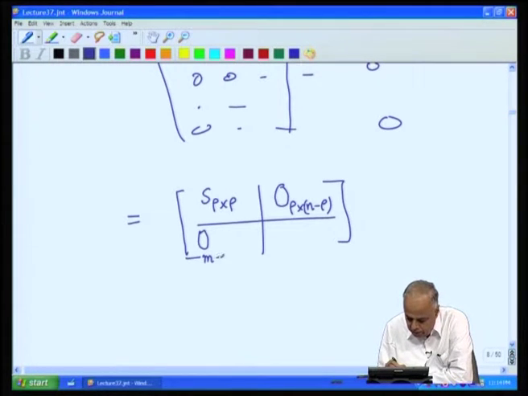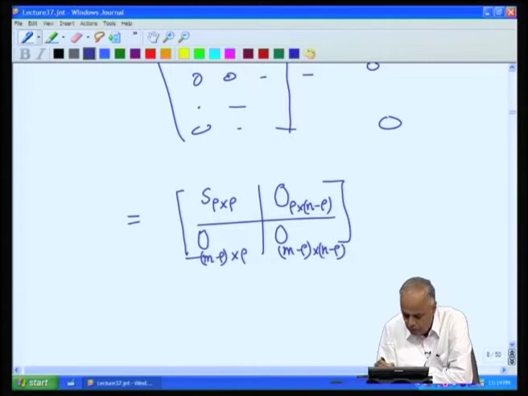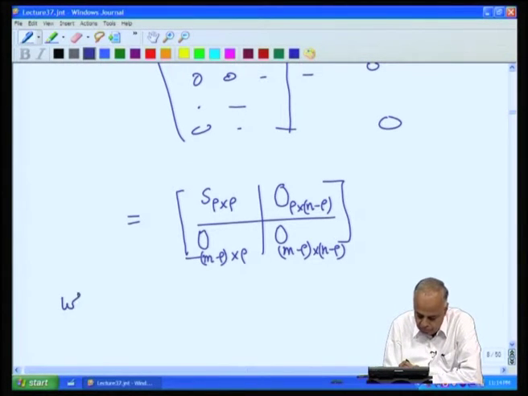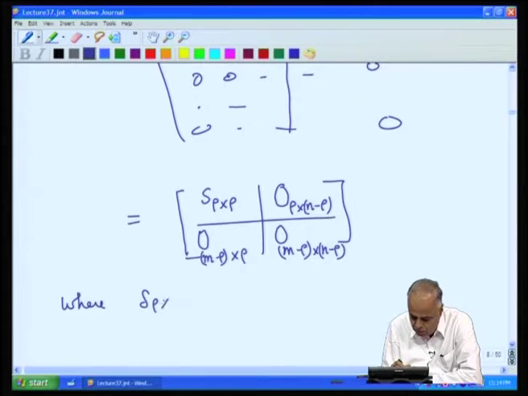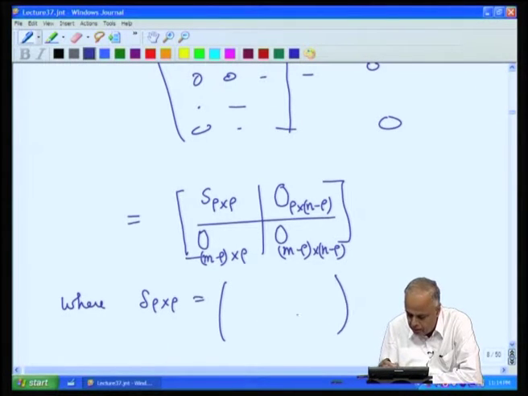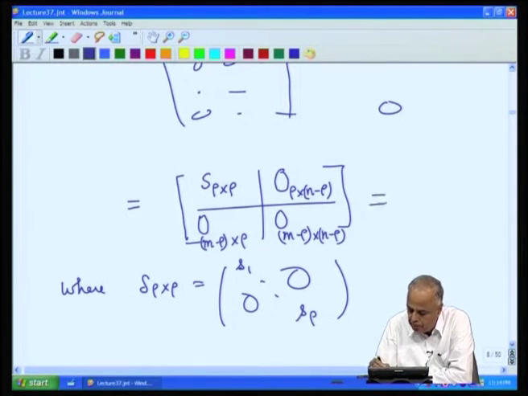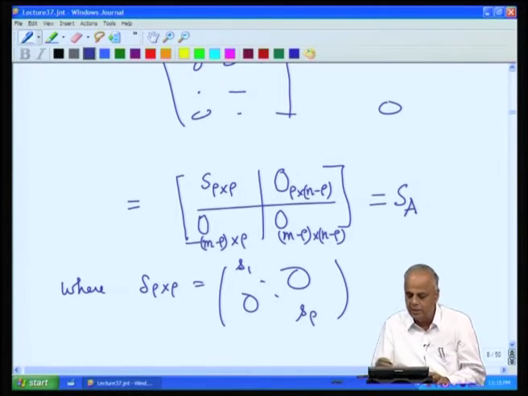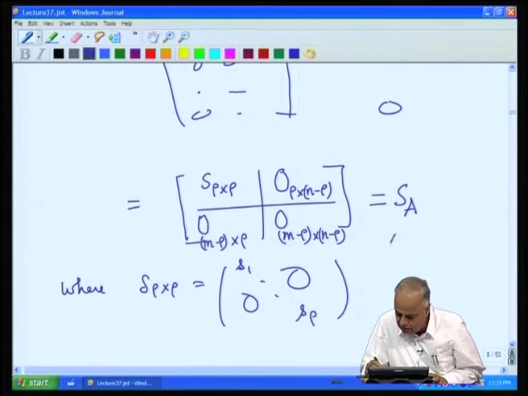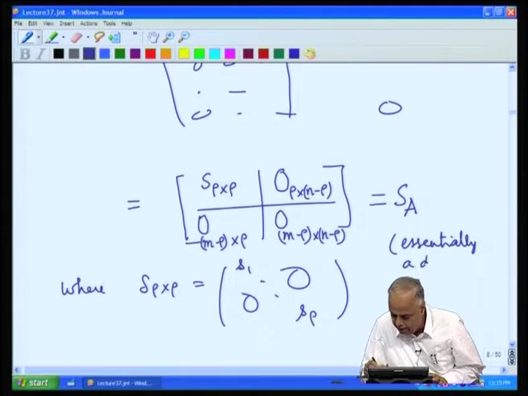So, the remaining m minus rho rows into rho columns will be 0, and this will be 0 m minus rho into n minus rho. So, basically S rho is the diagonal matrix, the diagonal entries S 1 to S rho are the singular values. We will call this matrix S A. So, S A is essentially a diagonal matrix.